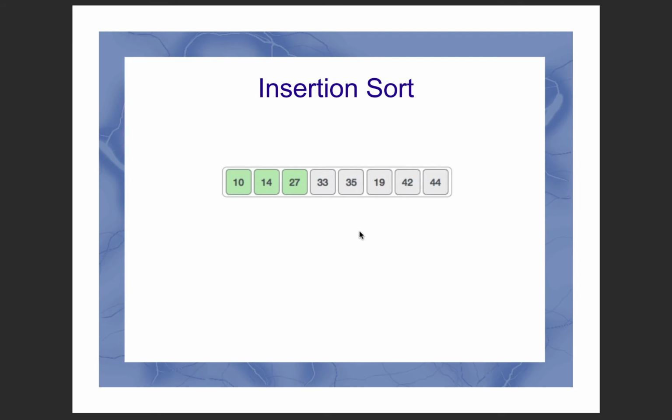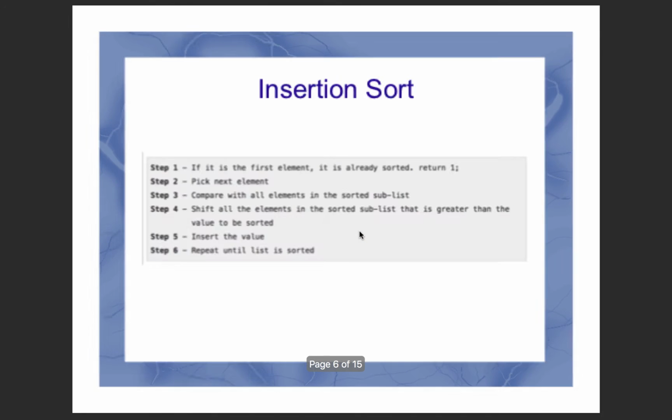So you can see that the inner for loop finds the right position for the element, and the outer for loop restarts the process. So now let's go to the algorithm.